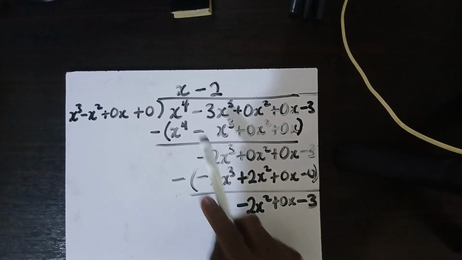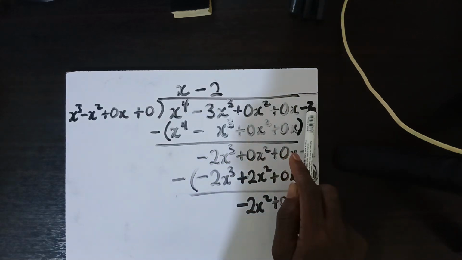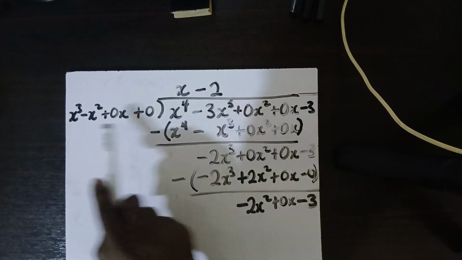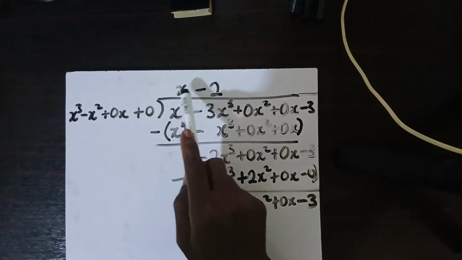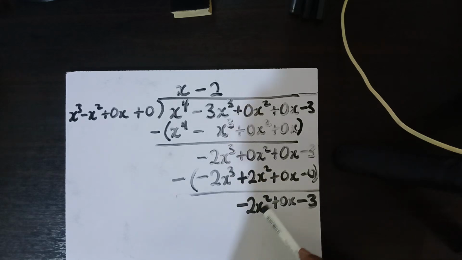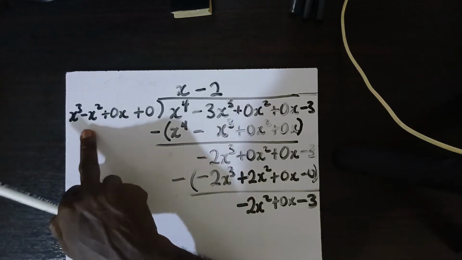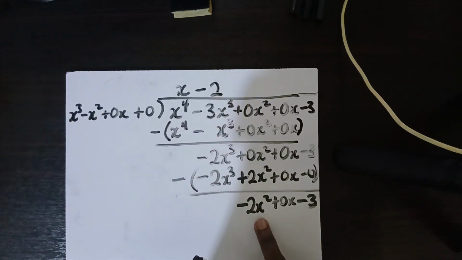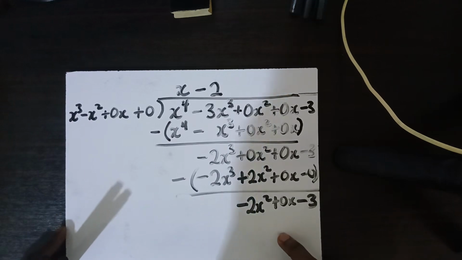It means that when we divide this numerator by this denominator, we are getting x minus 2 plus negative 2x squared. Because this is just a placeholder, we can now ignore it and say that it's negative 2x squared minus 3 all over the denominator, because this is just the remainder. So this is what I mean.